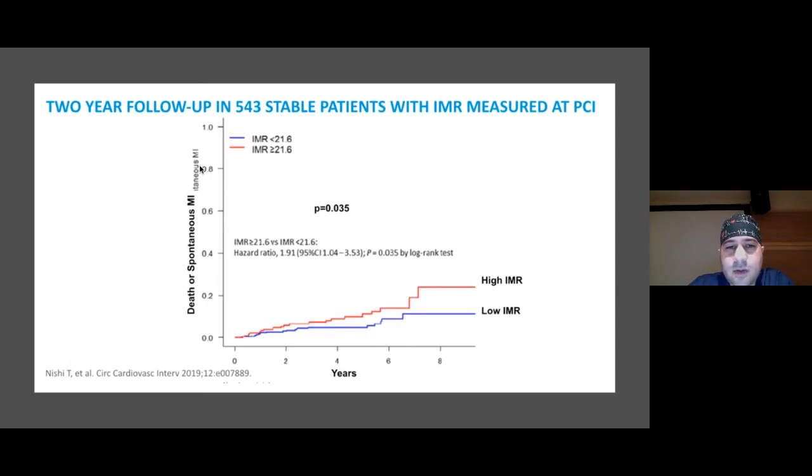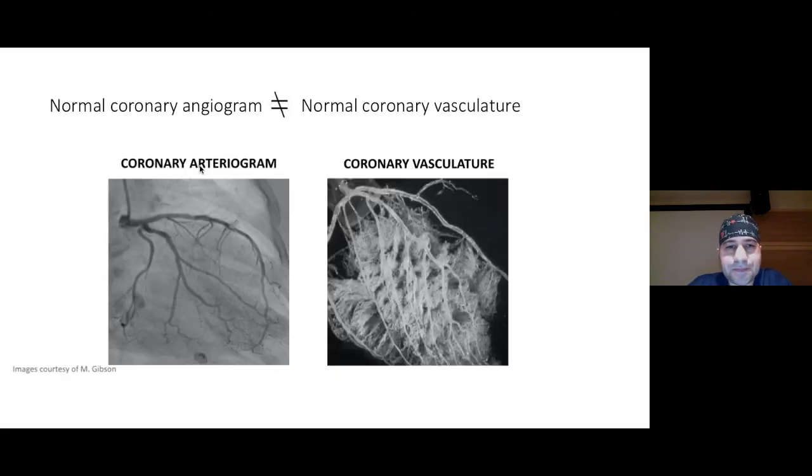They used a cutoff of greater than 21 for their IMR. And if you had a higher IMR after PCI, overall this meant that they were at higher risk of death or spontaneous MI when compared to the group with a lower IMR.